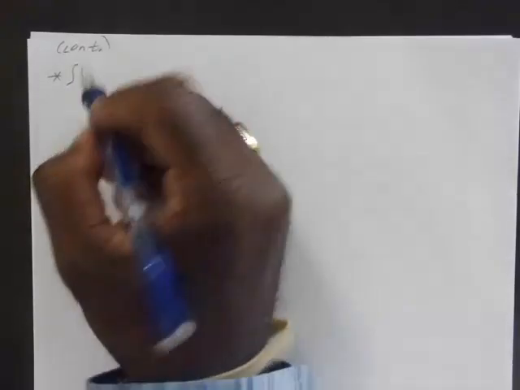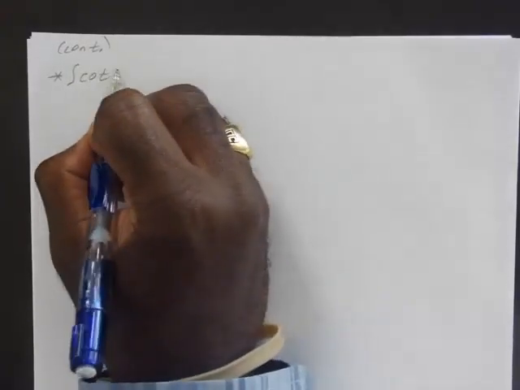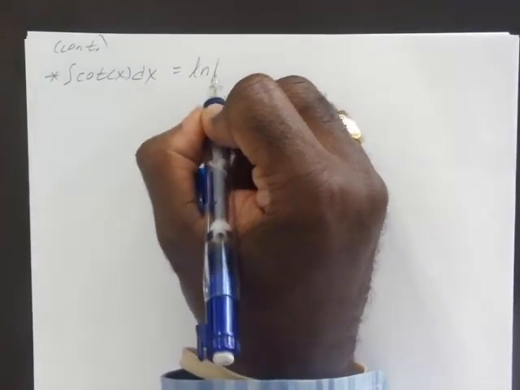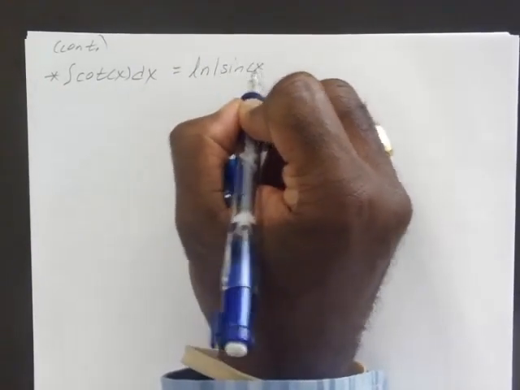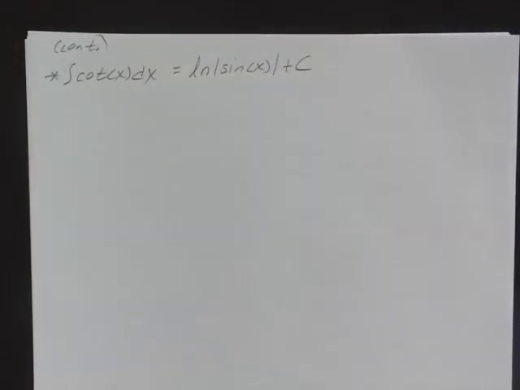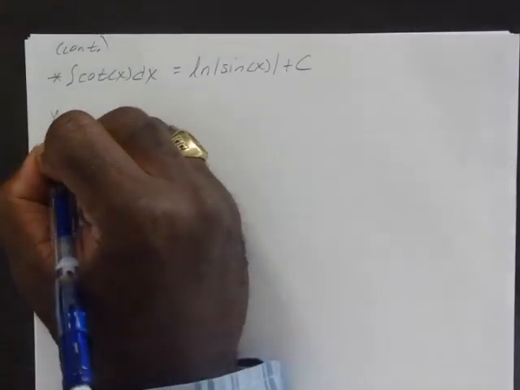Okay. And it's pretty much the exact same thing for the antiderivative of cotangent of x with respect to x. You rewrite that as cosine over sine and do the same process over again, and you'll end up with positive natural log of sine of x plus c. Okay.